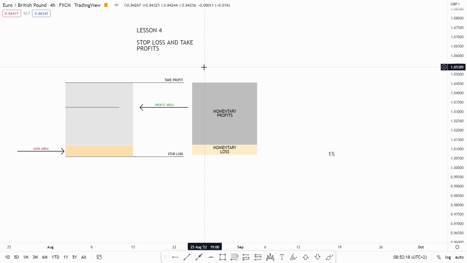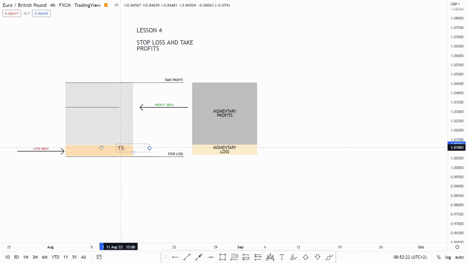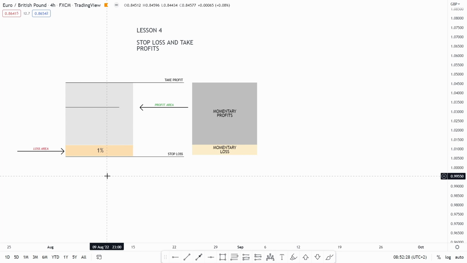Not even the take profit, our stop loss. Why? Because this one has to be seen as 1%. Well, there are people that lose 0.5%, maximum 2%. But why are we setting our stop loss?